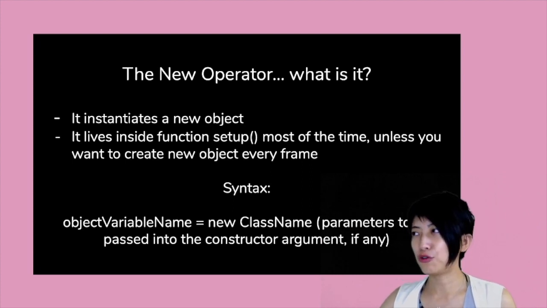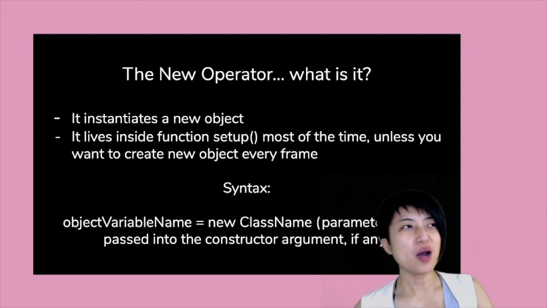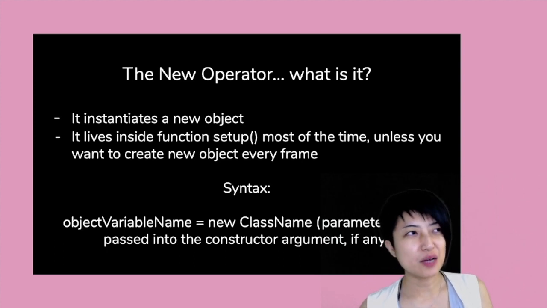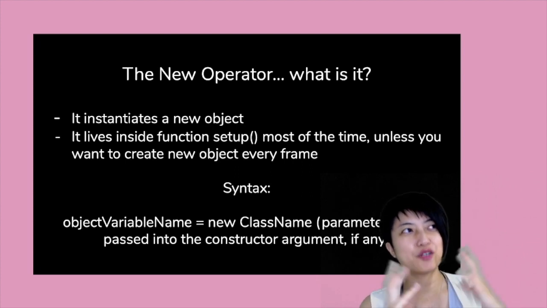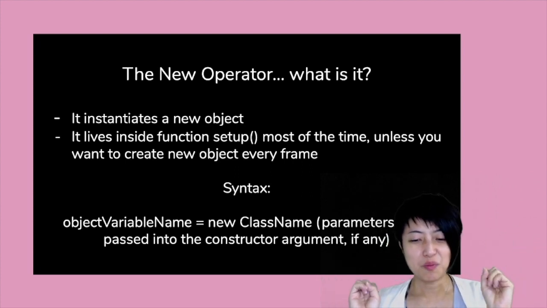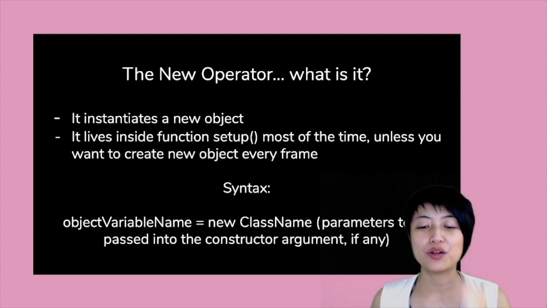The constructor creates the object, the new operator instantiates the object, meaning bringing it to the world, actually placing it into the world, right?